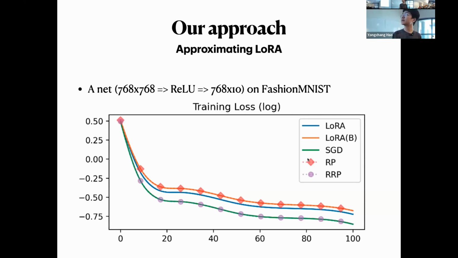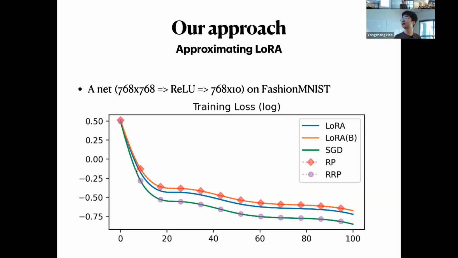And this curve is represented by the red diamond here. So you can see that the trajectory is exactly the same. They match each other.